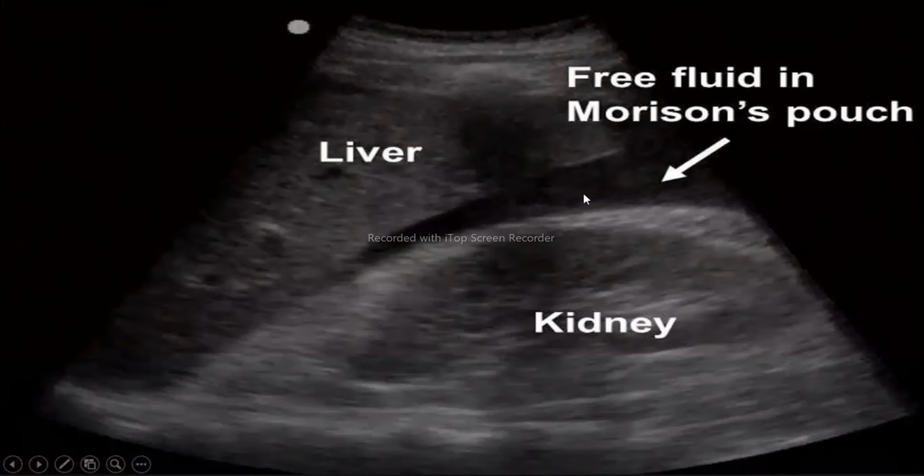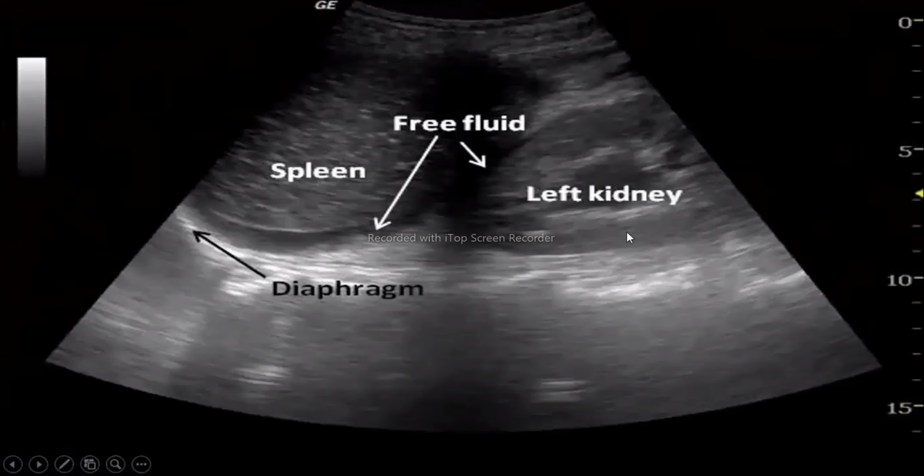This liver and this kidney. Can you see the space? Yes, fluid, hepatorenal recess. So here it's a positive FAST. Right upper quadrant or left upper quadrant? Right upper quadrant, because of the liver. This one, free fluid. It is left upper quadrant.